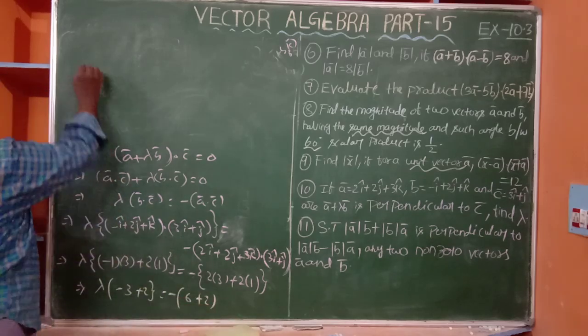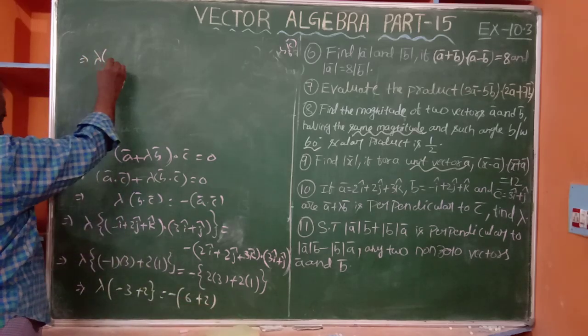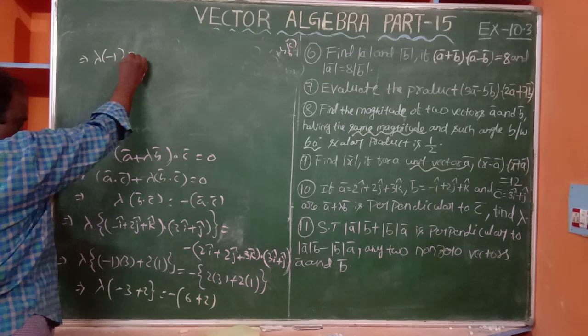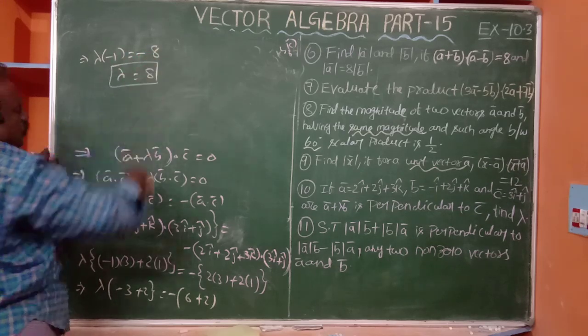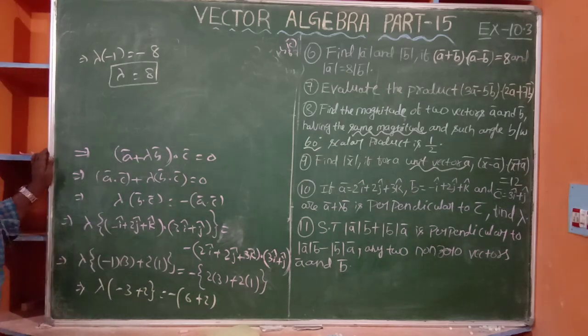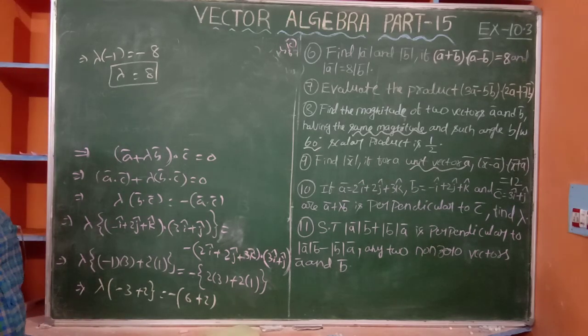The continuation is lambda of minus 1 is equal to minus 8. So lambda is equal to 8. Like that we find the lambda value.